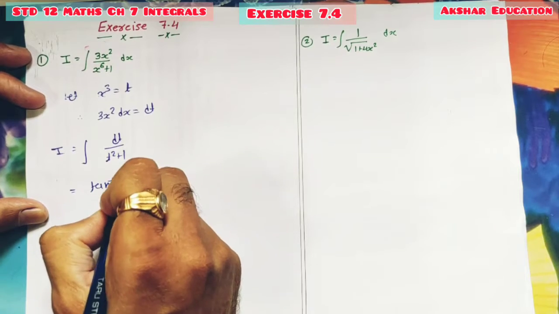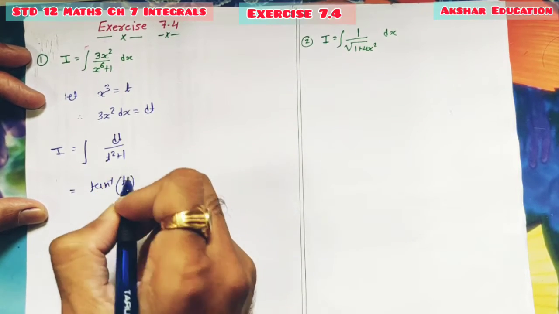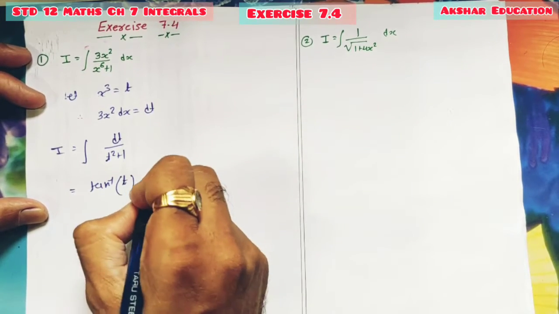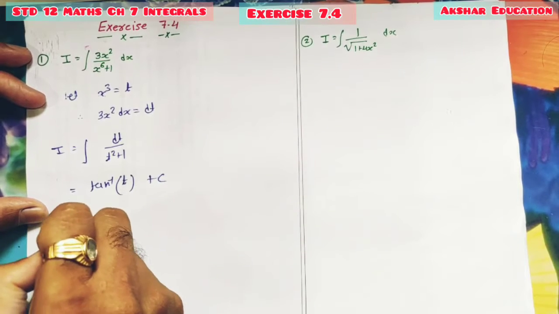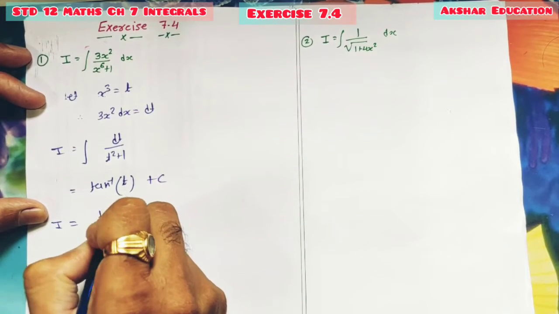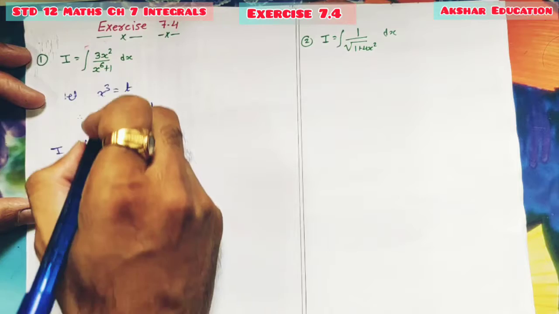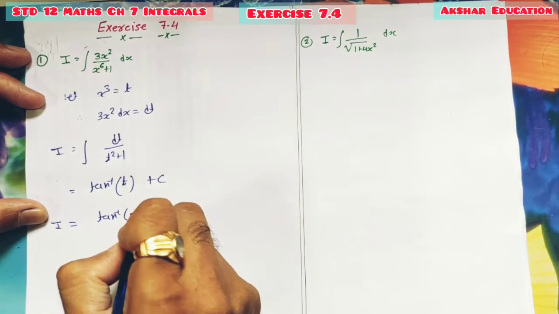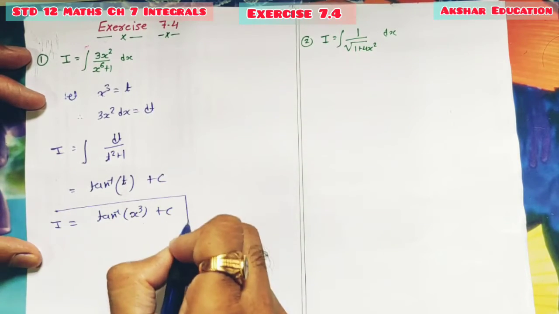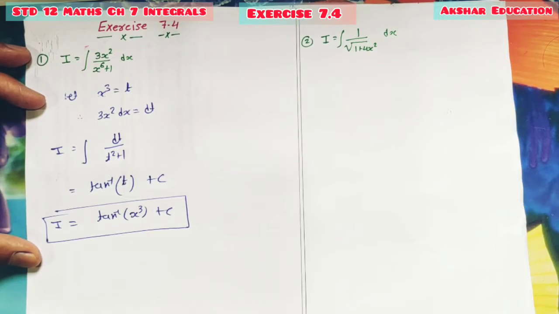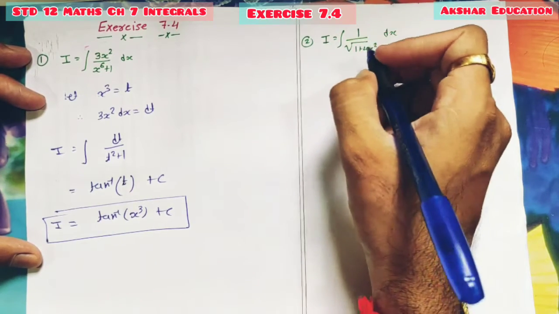A is 1, so tan inverse t plus c is the integration. So I equals tan inverse of x cube plus c. Done. Now sum number 2.